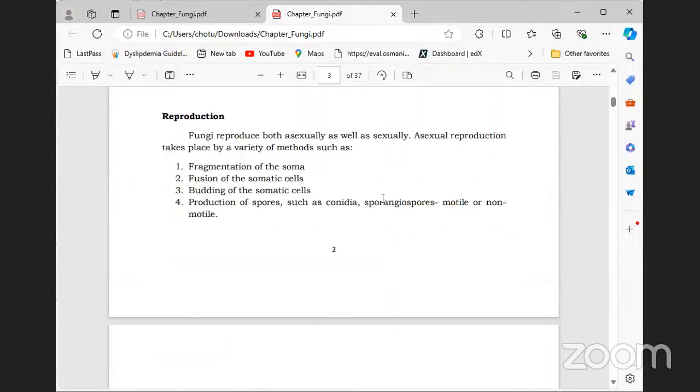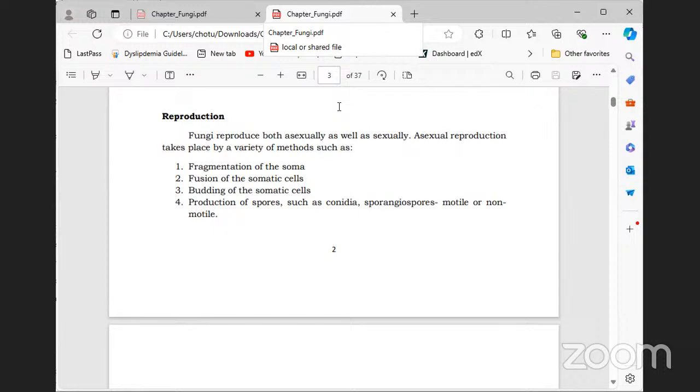Coming to reproduction. In fungi, you can observe only two types of reproduction: asexual reproduction and sexual reproduction. Two types of reproduction you can observe in the total fungus. The main important thing here is spores, the most important characteristic.